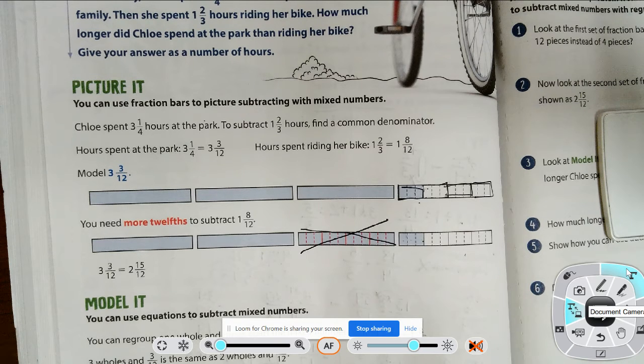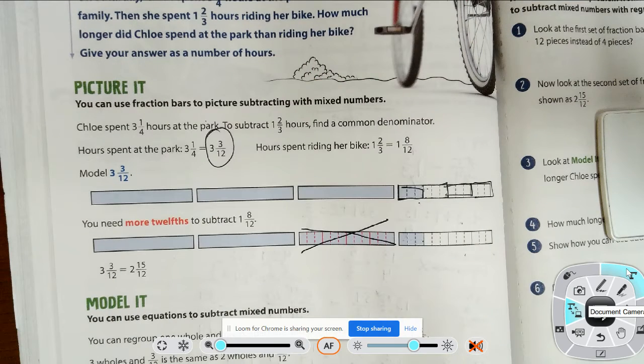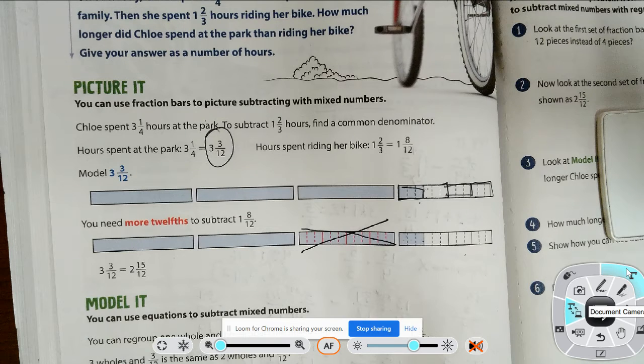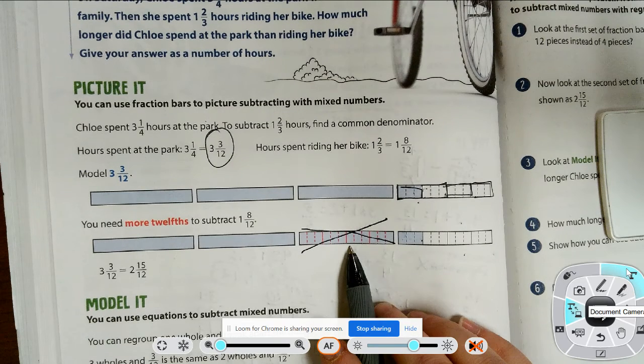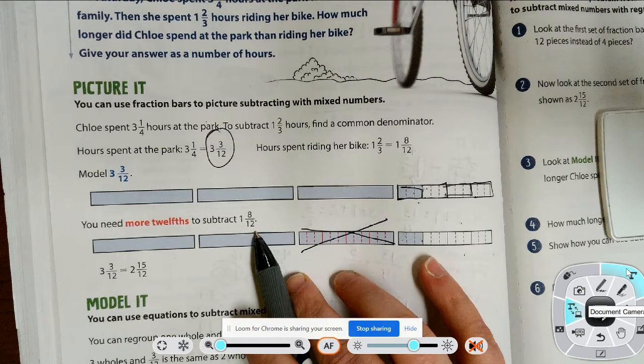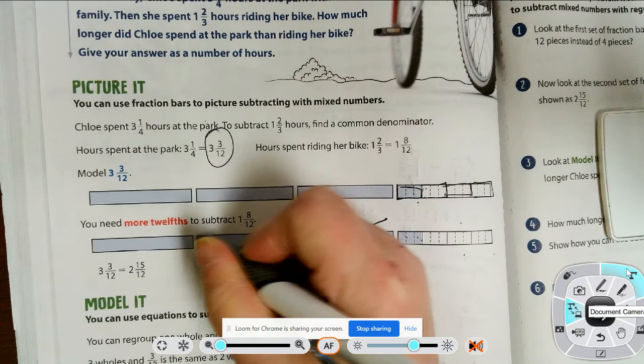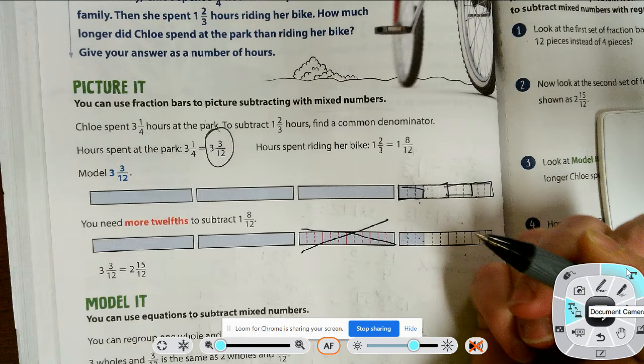Model 3 and 3 12ths. So we've got 3 and 3 12ths, and we're taking away 1 whole, and then the 2/3 turns into 8 12ths. So we need to take away 8 12ths. So 1, 2, 3. Then we would have to divide this one up into 12s as well.